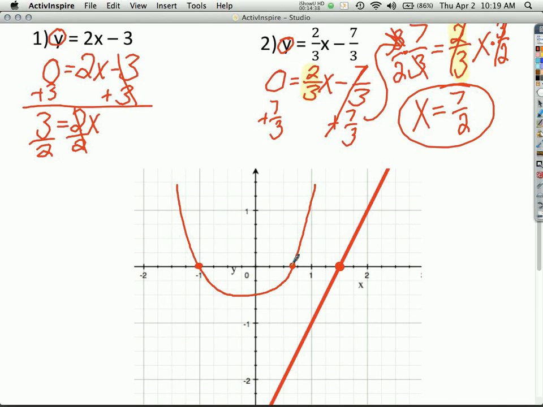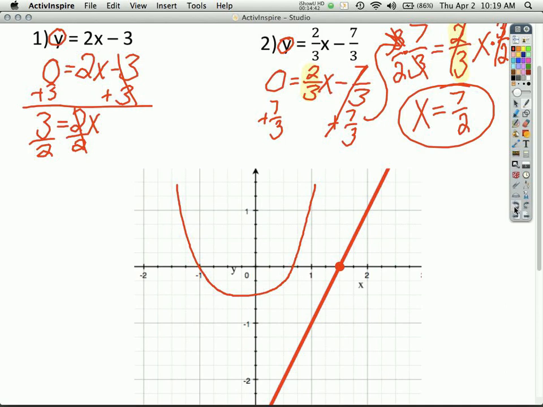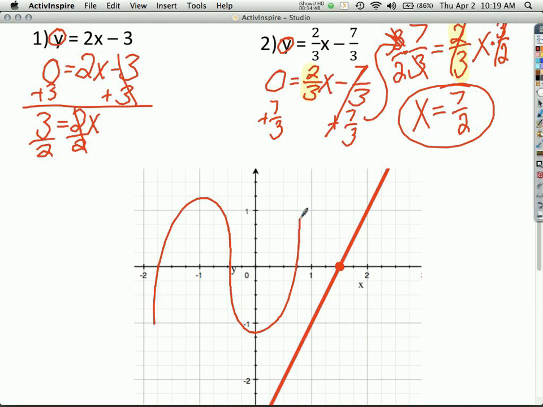Just because it's not a straight line doesn't matter. Even if I had a different type of graph, like that. Everywhere it crosses the x-axis would be an x-intercept. It's the location that makes the equation true when y is 0.